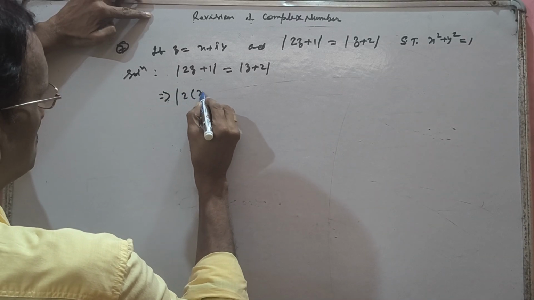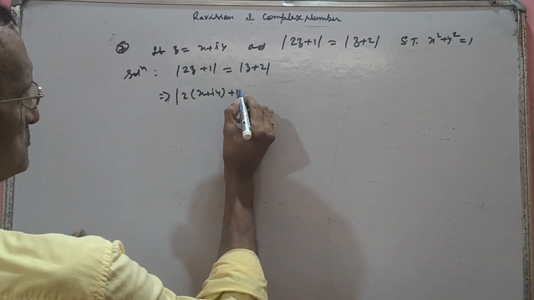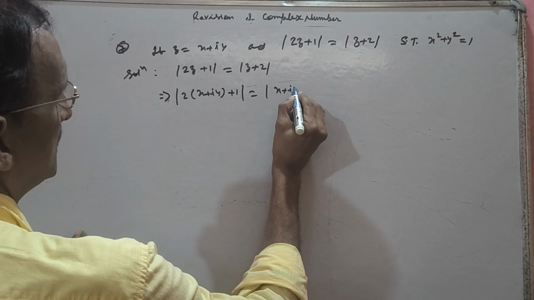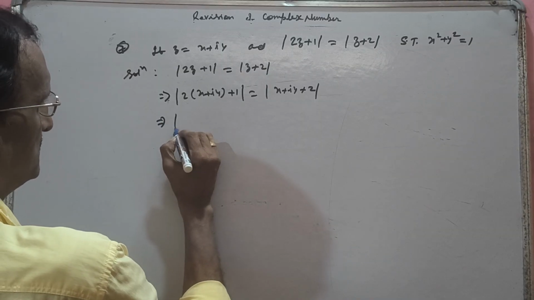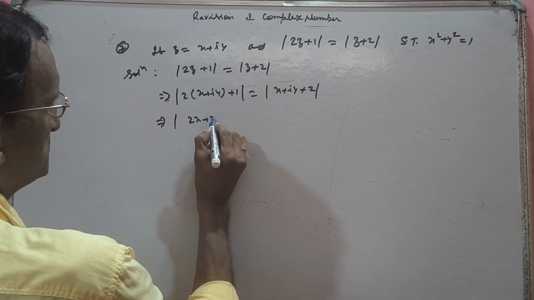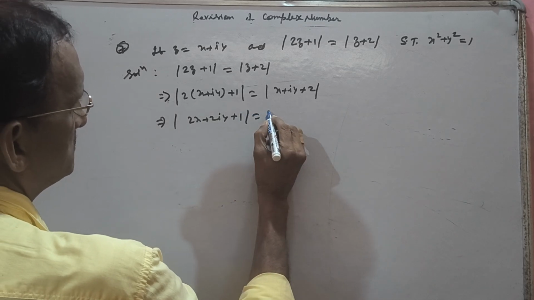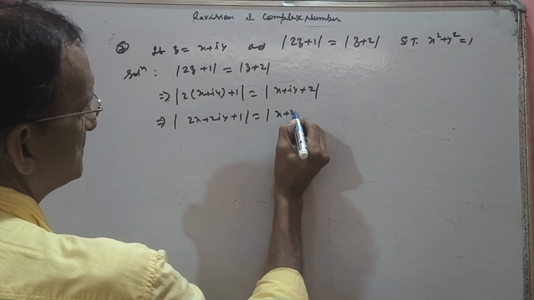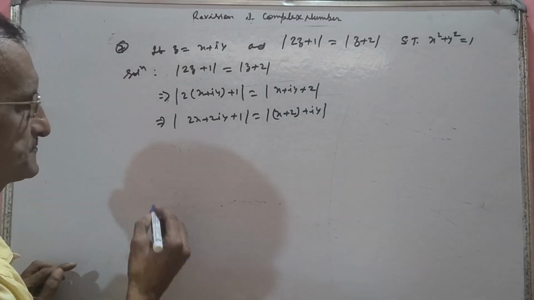Modulus of 2 into x plus iy plus 1 is equal to modulus of x plus iy plus 2, which implies twice x plus twice iy plus 1 is equal to x plus 2 plus iy modulus.